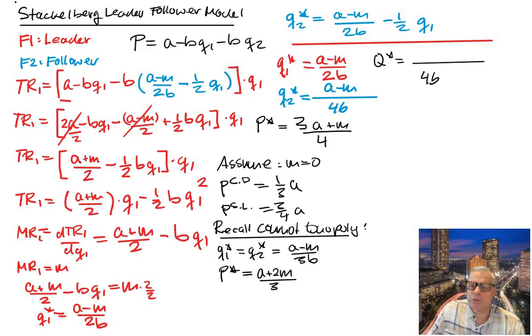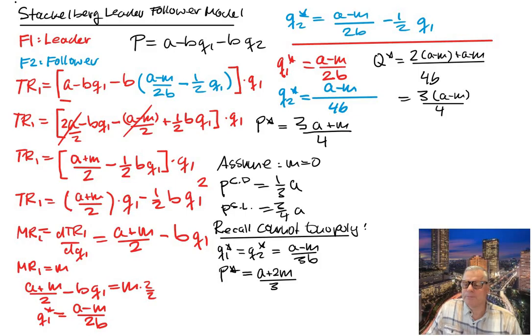So it's Q1 plus Q2, but here I multiply by 2 to get the denominator for B. So I get 2A minus M plus A minus M. So this gives us the total quantity of 3A minus M over 4B.